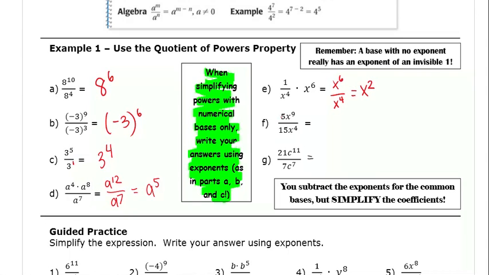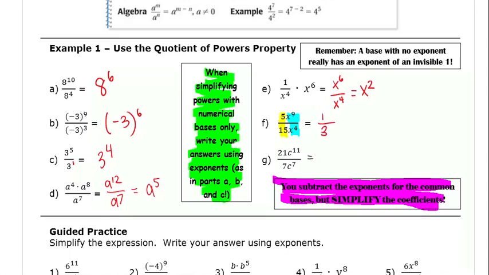Now if there's coefficients in front of our base, when it comes to a fraction, when it comes to a quotient, we are going to simplify the coefficients. So the subtracting part only applies to the exponents, okay, but we're going to simplify the fractions just like we normally would. So looking here, I'm going to split it up into two pieces. Dealing with the fractions, 5/15 simplifies to 1/3.